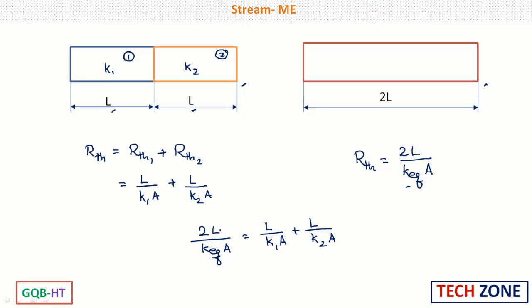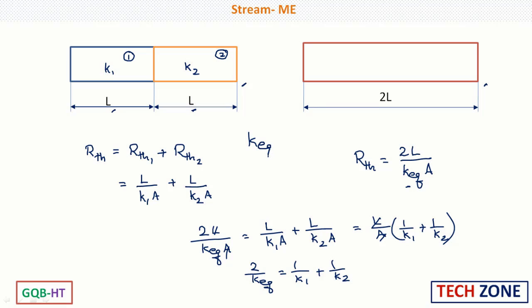Now L by A can be taken common on the right hand side, then this will be 1 by K1 plus 1 by K2. Now L by A gets cancelled on either side. So therefore we have 2 by K equivalent is equal to 1 by K1 plus 1 by K2. Upon solving this, we will get K equivalent is equal to 2 K1 K2 by K1 plus K2.